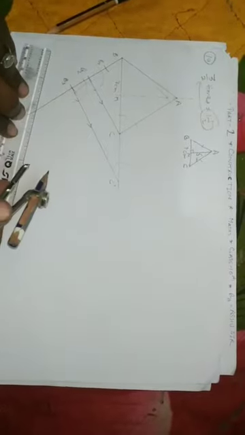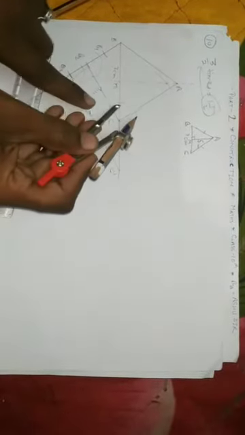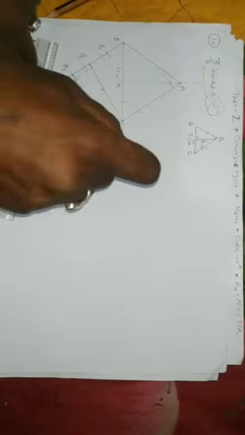Cut any radius, then measure these 2 points, and cut the same radius from here to this.